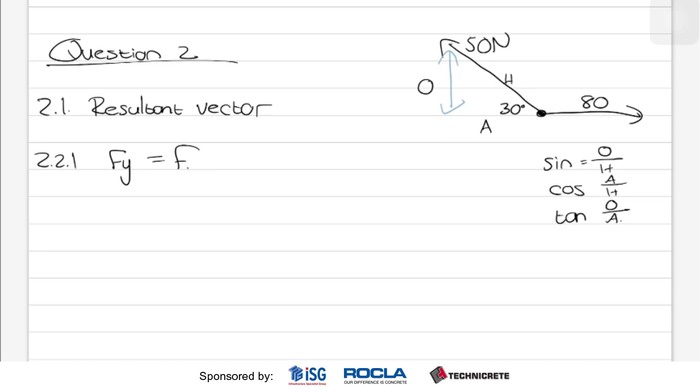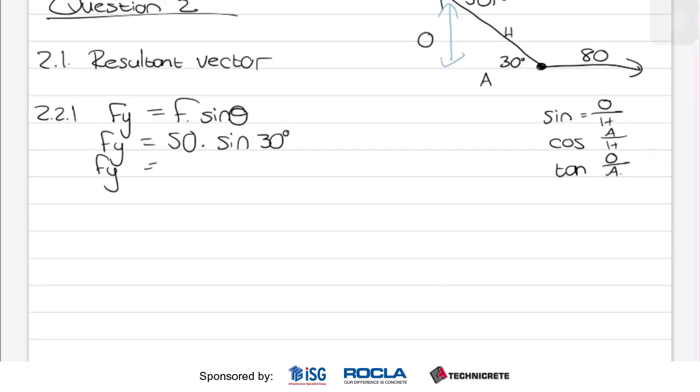So we have opposite and hypotenuse, so you would have sine theta. Now we fill in the values we know. We are trying to calculate F of y, which is equal to our force, 50 newtons, times sine of our angle, which is 30 degrees. Now if you put that into your calculator, you would get a result of 25 newtons.